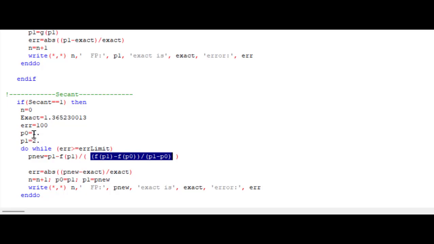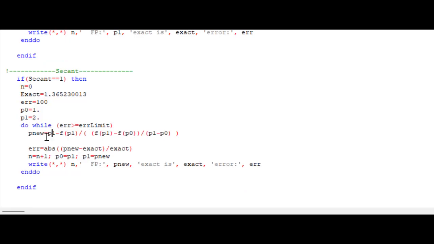So P0 is 1 and P1 is 2. Then you can compute the next guess using the formula for the secant method, and the relative error. And then you replace P0 with P1 and put the new guess for the root in P1, and continue the process until you reach the convergence threshold.